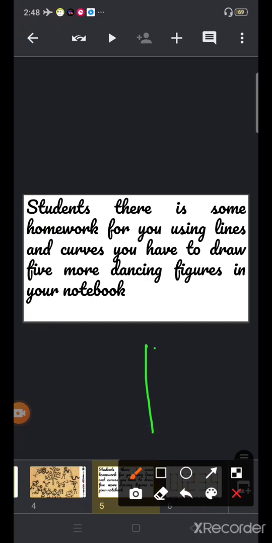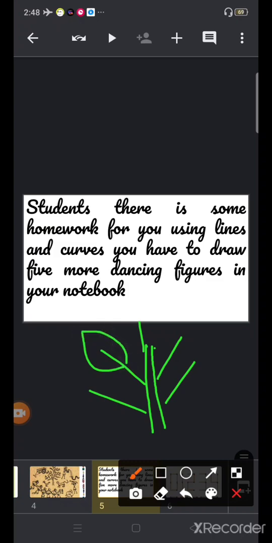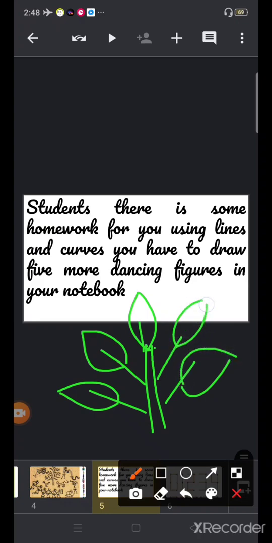Okay? And then you will make one more straight line, a little slanting. Then slanting lines. These type of slanting lines you will draw here, and then you will make a curve line for the leaf. This is a curve line. So lines like this you will make. Okay? And some slanting lines again you will draw inside the leaf.